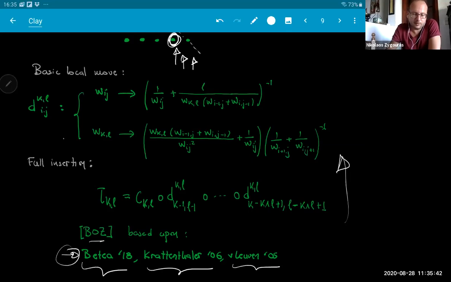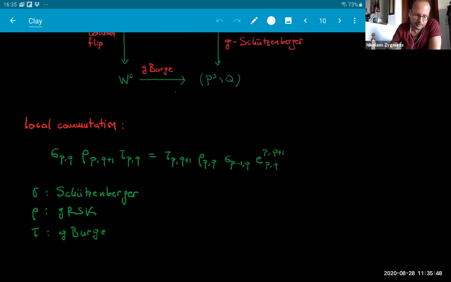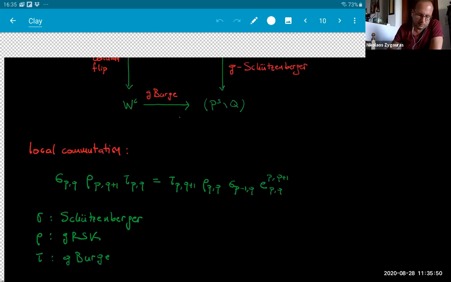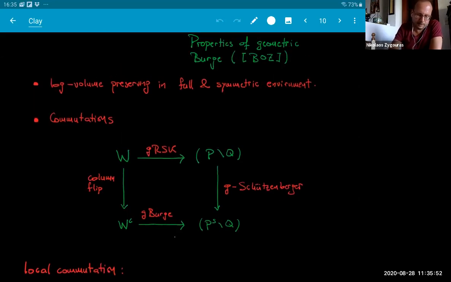The volume preserving property is straightforward to check in this case. Let me outline the main properties that we derived and that were important in order to connect to the polymer. So the first one is the log volume preserving property. And as I said, this is straightforward.